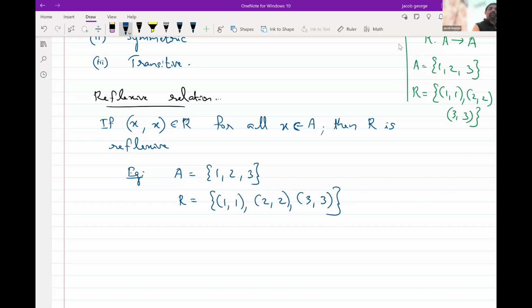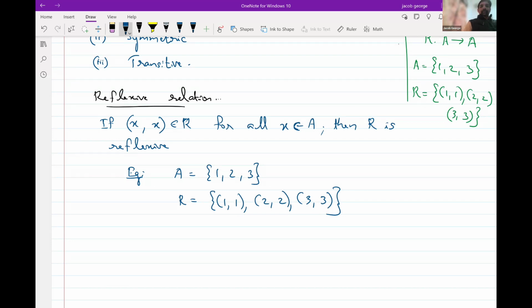We can add any number of elements, that is not a problem, but minimum these elements must be there for R to be reflexive. This is called the smallest reflexive relation on the set capital A. Is this writing clear? So this R is now reflexive, which means for every element of capital A, its reflection must be there as the pair.